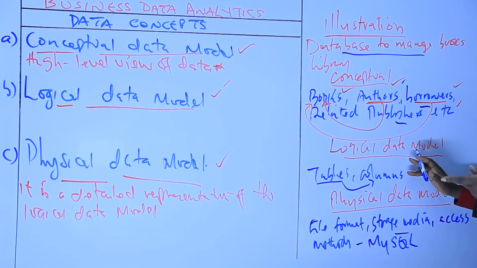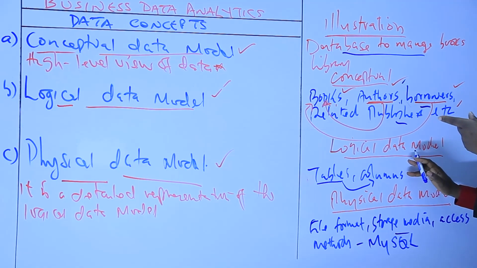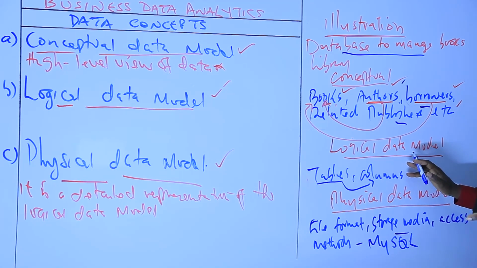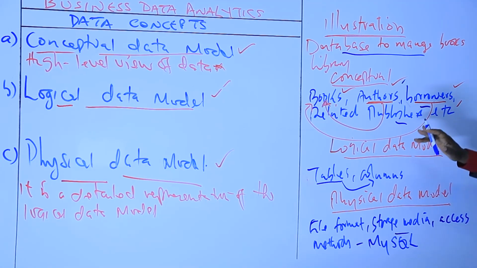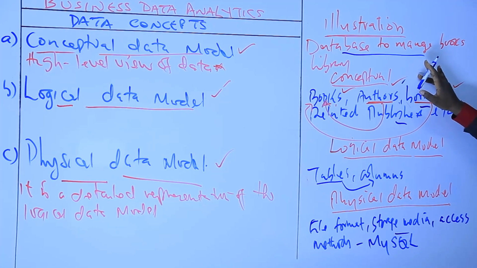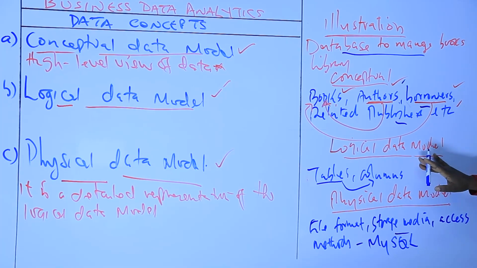So candidates, in summary, the conceptual data model defines the data requirements. The logical data model specifies how the data will be organized and structured. That is the logical data model. All right?